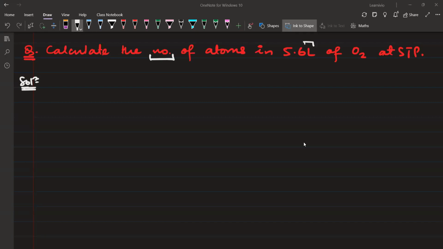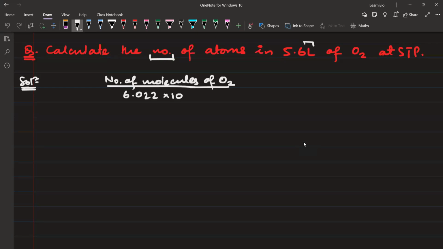So I will write number of molecules of O2 divided by 6.022 into 10 to the power 23.